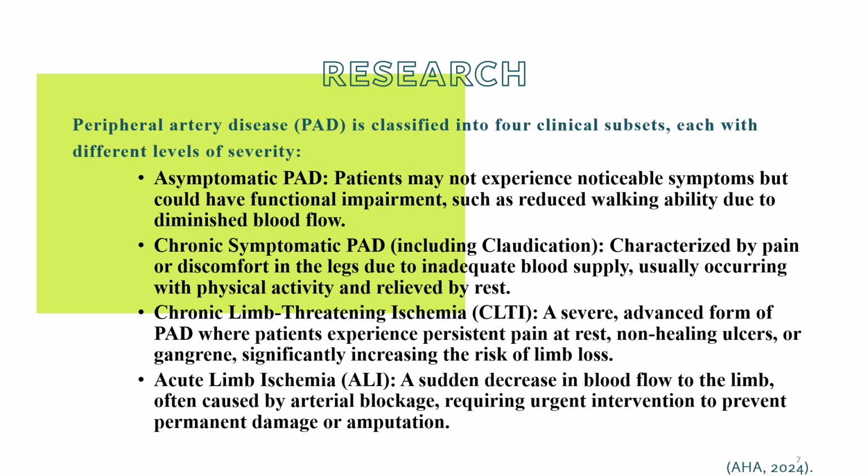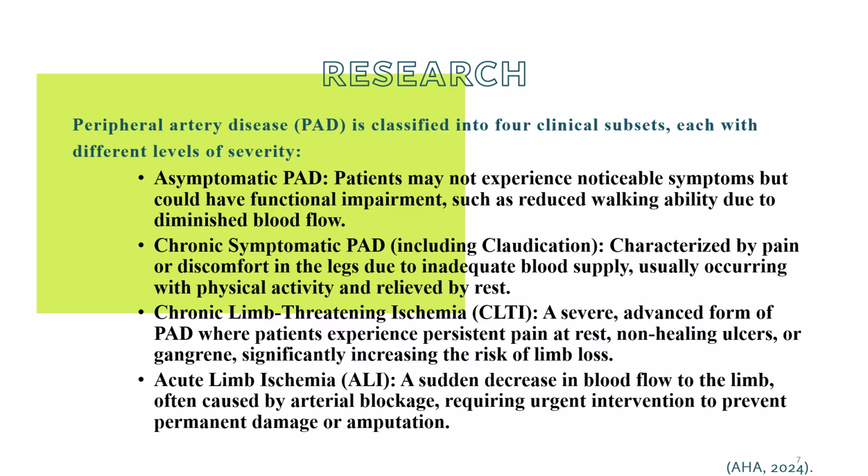Asymptomatic PAD, the patients may not notice any symptoms. Chronic symptomatic PAD, including claudication, characterized by pain or discomfort in the legs due to inadequate blood supply, usually occurring with physical activity and relieved by rest.